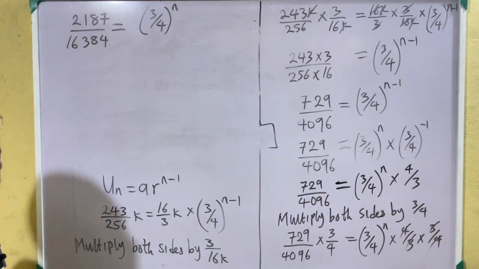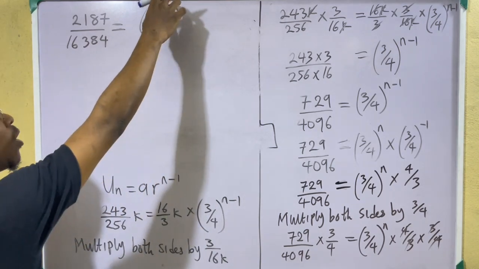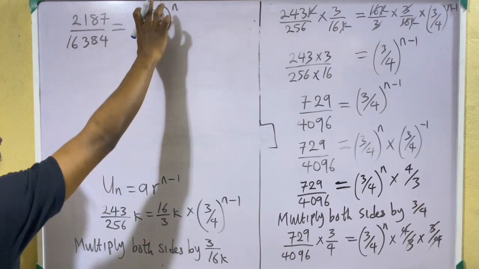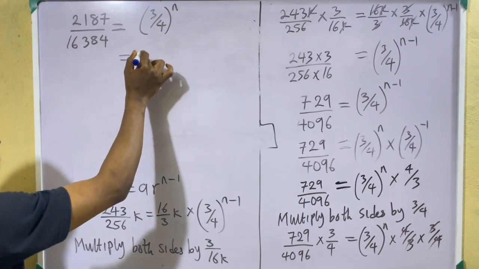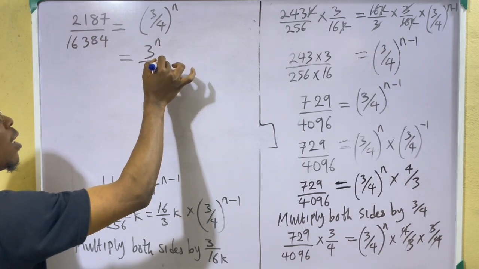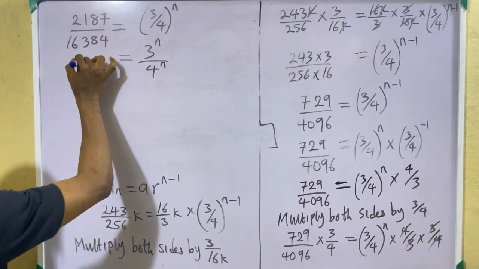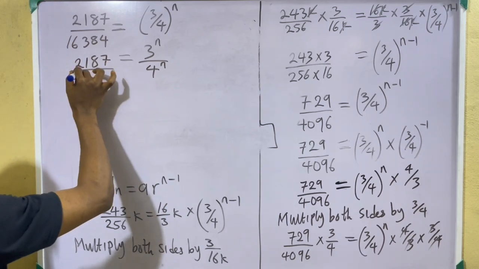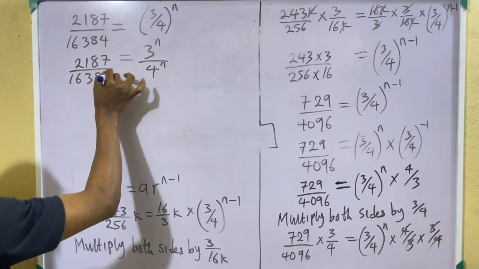Now observe with me that 3 over 4 all raised to power n, that means this n is affecting everything within the brackets. So we can rewrite this as 3 raised to power n all over 4 raised to power n equal to 2187 all over 16,384.